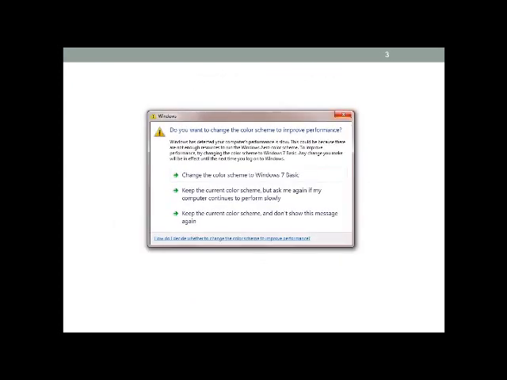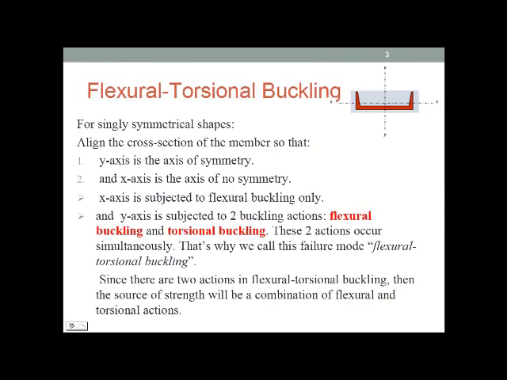For singly symmetrical shapes, align the cross-section of the member so that the y-axis is the axis of symmetry and the x-axis is the axis of no symmetry. The x-axis is subjected to flexural buckling only, and the y-axis is subjected to two buckling actions, flexural buckling and torsional buckling.